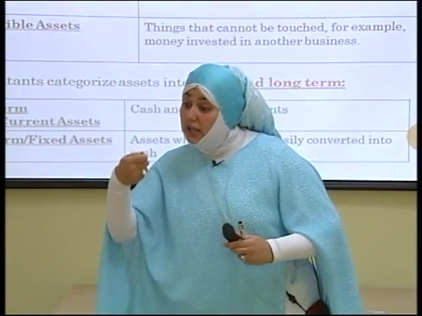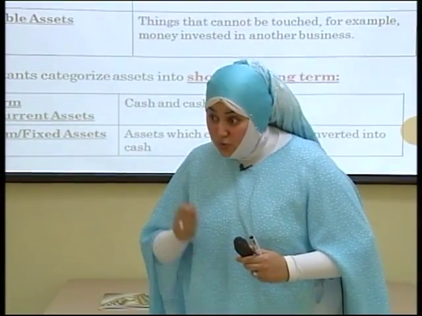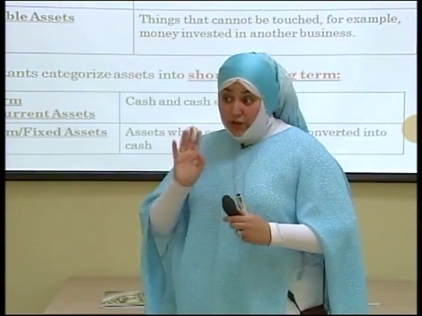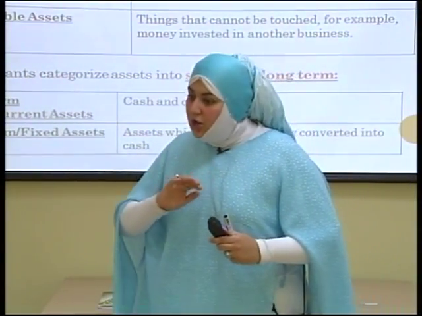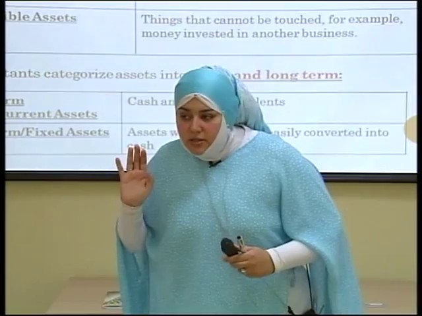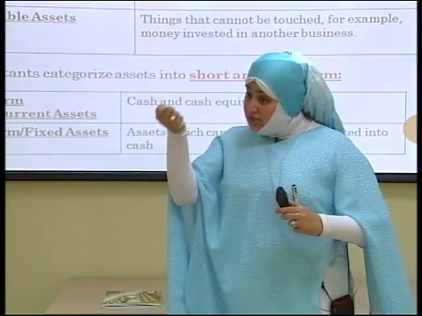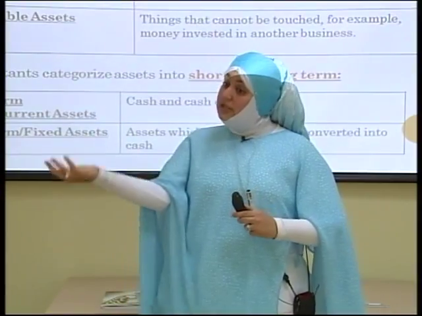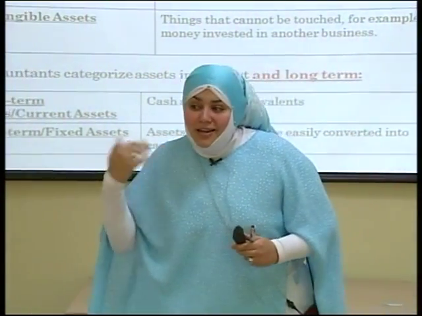When you sell to one of your customers on credit, not for cash. And usually they pay the money back within 60 to 90 days. Which means that this trade receivable or account receivable is easily converted into cash, right? Because within 2 to 3 months you will have your money back.